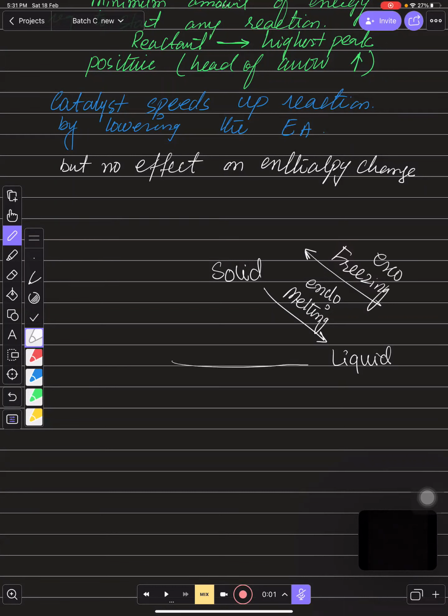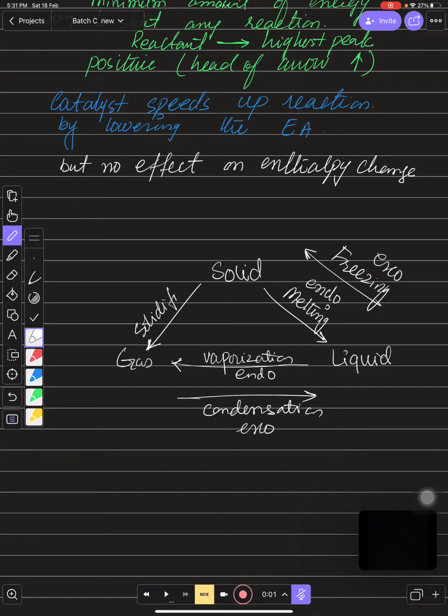Same as it is, if you convert liquid into gaseous state, which is vaporization or evaporation, or you can say boiling, they all are endothermic reactions. And the backward of them, which are condensation reactions, are known as exothermic reactions, right? Same as it is, solid to gaseous will be sublimation, which is absorbing energy and converting into gaseous state. हम ये एरो काट देते हैं.